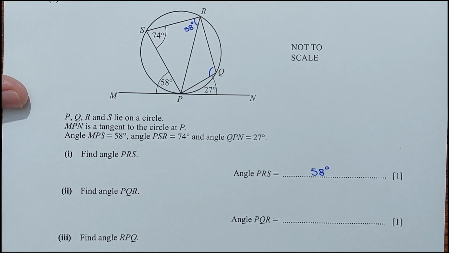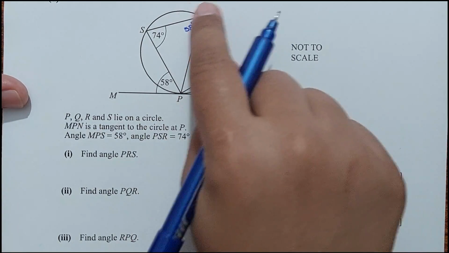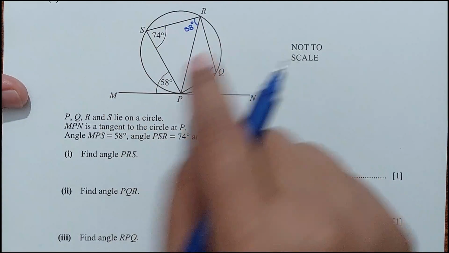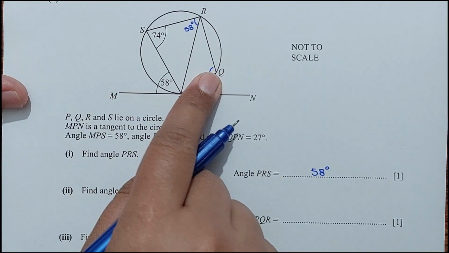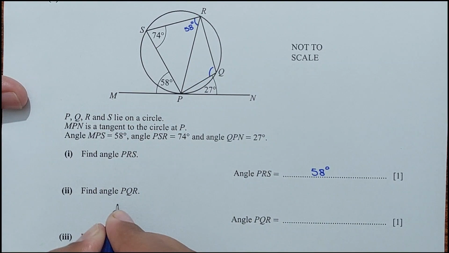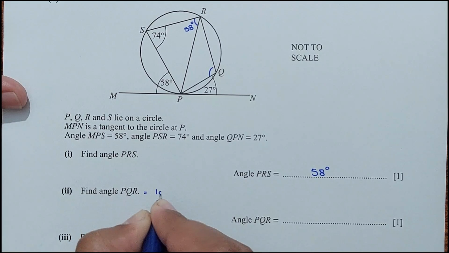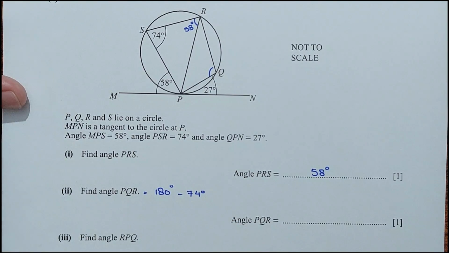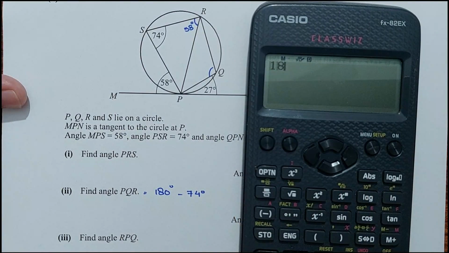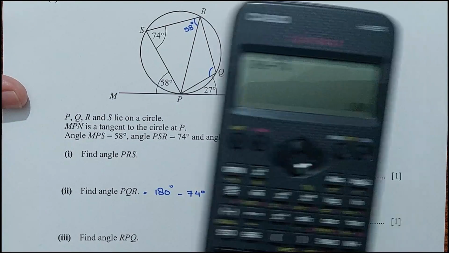As we can see, PQRS is a cyclic quadrilateral, and in a cyclic quadrilateral opposite angles add up to 180 degrees. So angle PQR would be 180 minus 74, which is 106 degrees.